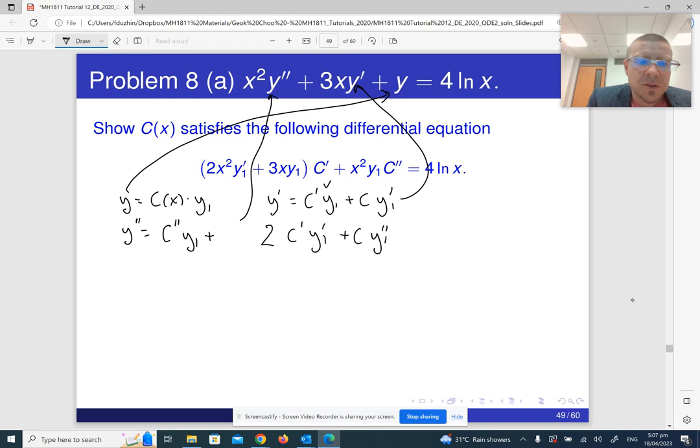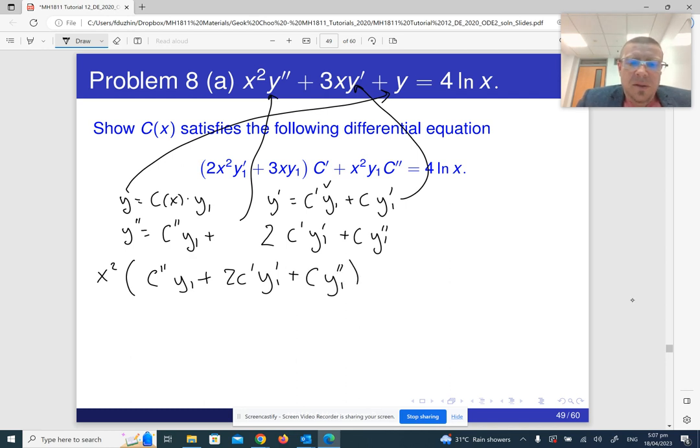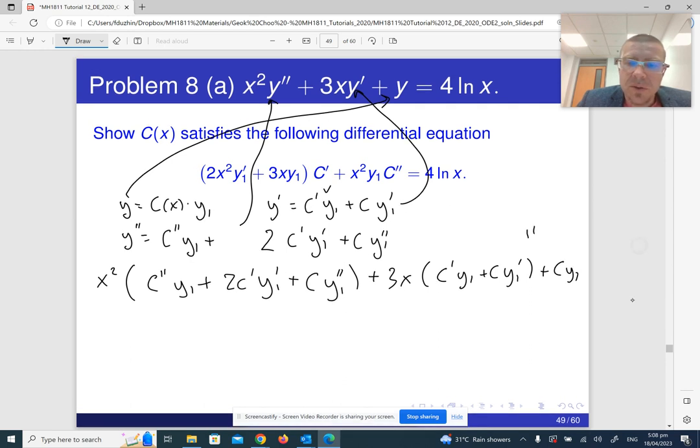Doing that, I will get x squared times y double prime, which is c double prime y1 plus 2c prime y1 prime plus c y1 double prime, plus 3x y prime, which is c prime y1 plus c y1 prime, plus y, and y is just c y1, and this should be equal to 4 ln x.